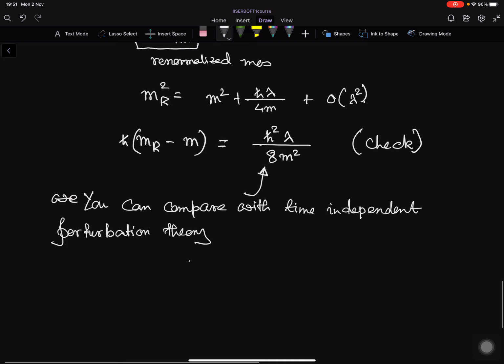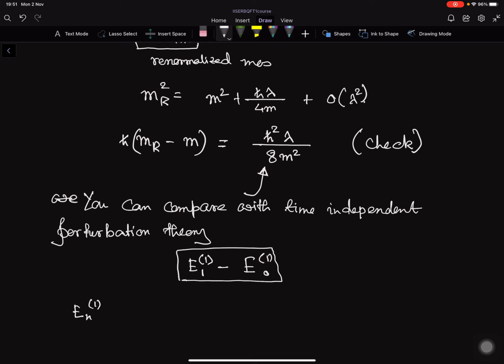And you can check that this quantity is same as the first correction of the first excited level minus the first correction of the ground state level. Okay, we wrote down the expression before, if you remember. The expression for correction to the energy, E_n^1 minus E_0^1, we wrote it in the previous lecture.